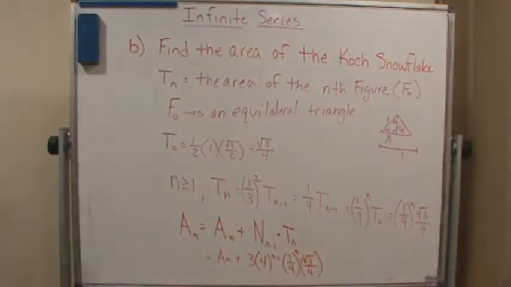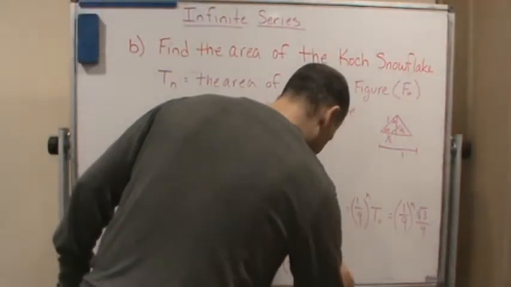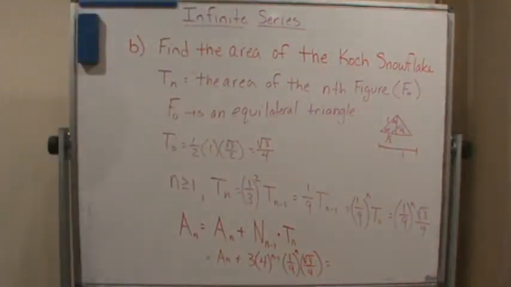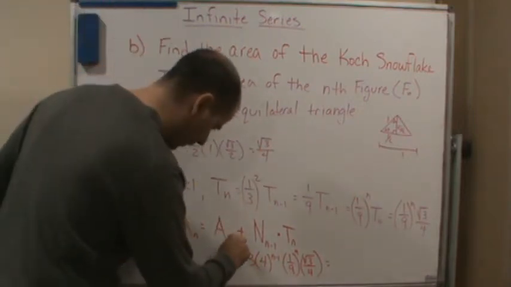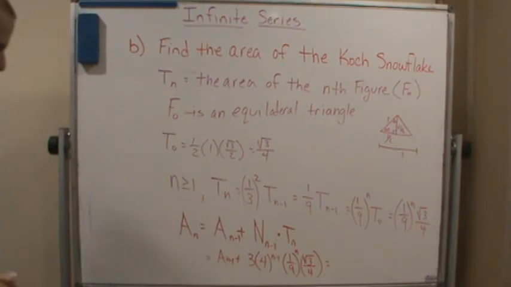Okay, so now let's simplify this. So a sub n, oh, hold on a second. I'm sorry, this should be n minus 1. It's the area of the previous figure. I think I said n minus 1 but didn't write it.